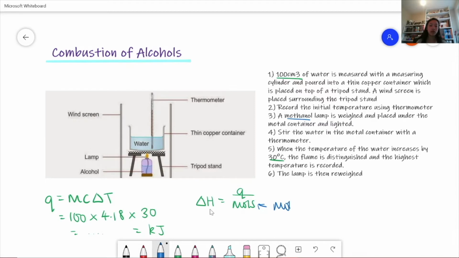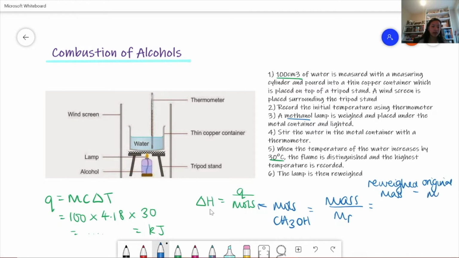So the moles of CH3OH equals the mass of it divided by the Mr. So it would be the mass that's been burnt, so the reweighed mass minus the original mass, and then divided by the Mr of CH3OH.